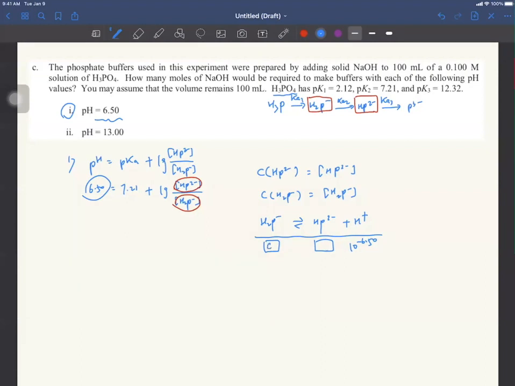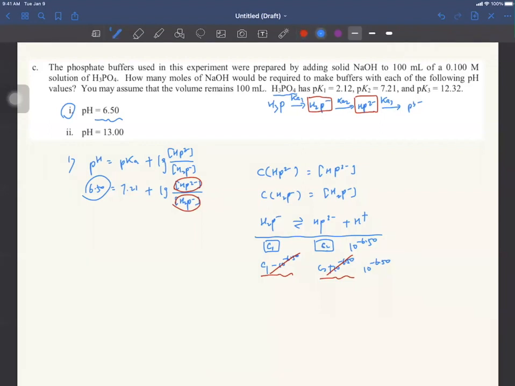Let's say this is C1 and this is C2. At equilibrium, this is C1 minus 10 to the negative 6.5, and this is C2 plus 10 to the negative 6.5. Obviously, if C1 and C2 are not too small, which means the solution is not too diluted, we can ignore these two, and then the initial molarity equals the equilibrium molarity, right?